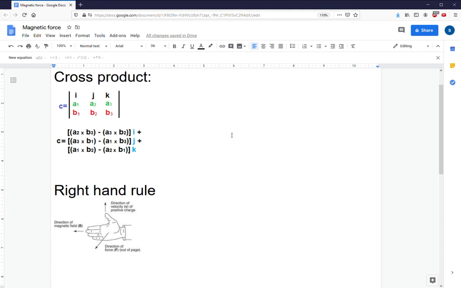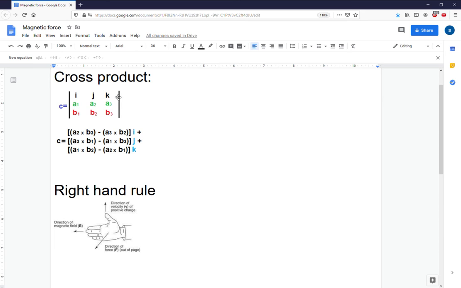When a magnetic field acts on a charged particle, if that charged particle is not moving or is moving parallel to the magnetic field, it does nothing. However, if the charged particle is moving perpendicular to the magnetic field, the magnetic force is always perpendicular to the velocity of that charged particle.